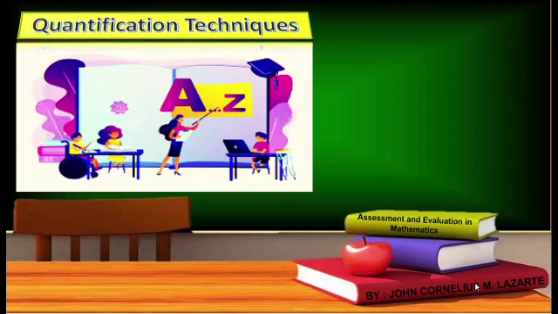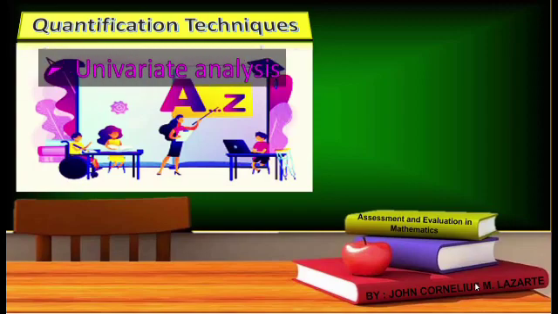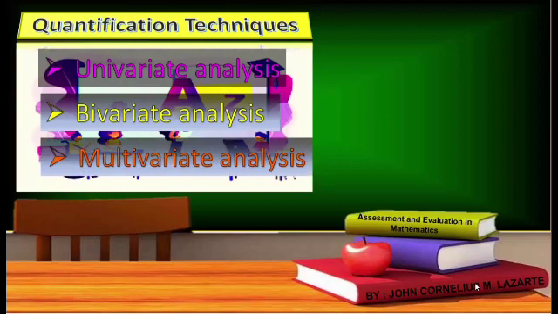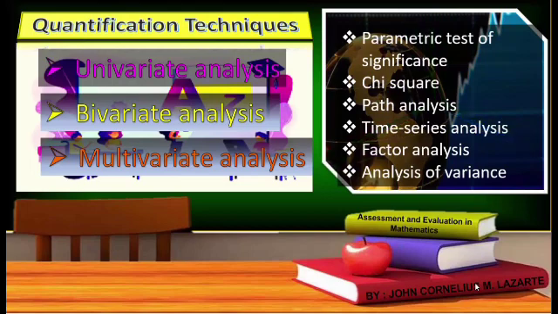So we now have the quantification techniques used in statistics. We have here univariate analysis, bivariate analysis, and multivariate analysis. In connection with these three, we also have other statistical methods such as the parametric test of significance, chi-square, path analysis, time series analysis, factor analysis, and analysis of variance or ANOVA.